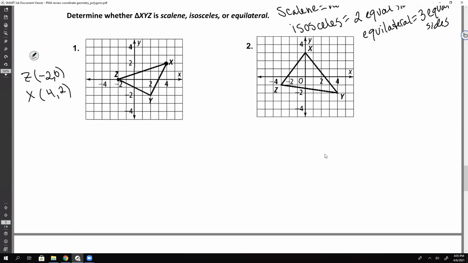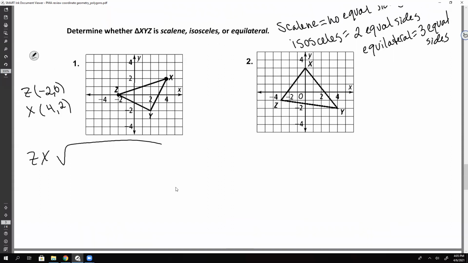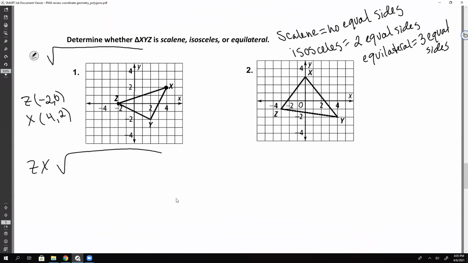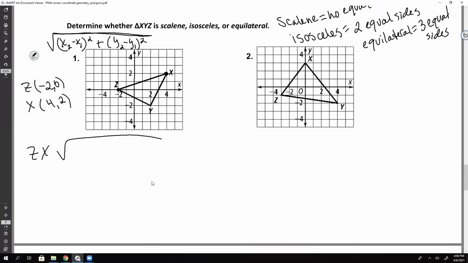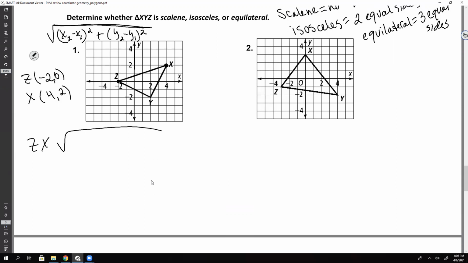So I'm going to find the length of zx. Your distance formula is the square root of x2 minus x1 squared plus y2 minus y1 squared, and all of that goes in the square root. It doesn't matter which point you call x1, y1 and x2, y2. You just have to be consistent when you're plugging it in.